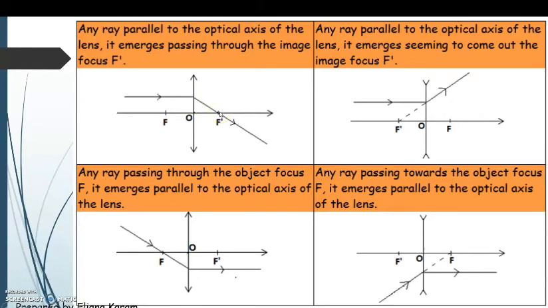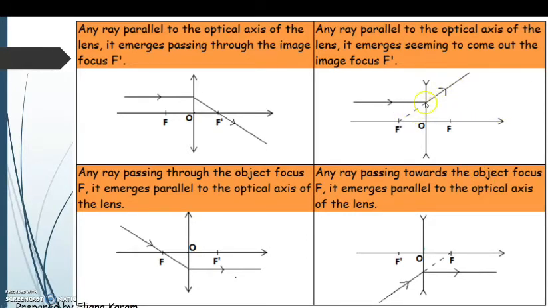Now in a diverging lens, any ray parallel to the optical axis emerges seeming to come out from the image focus F prime. So we are going to make something called prolongation. I already mentioned this word in class. We said the elongation is forward, while the prolongation is backward.